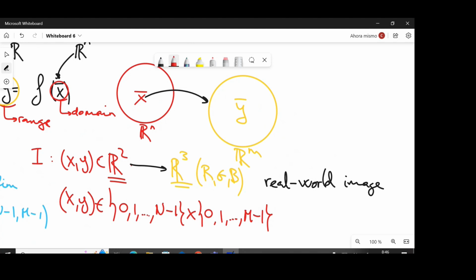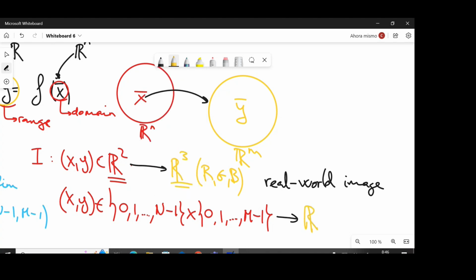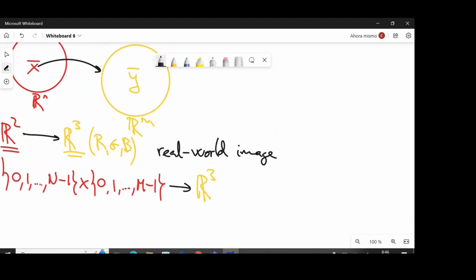And this goes into R3. So this image is the one that has been quantized in space, space sampled, we call it, right?